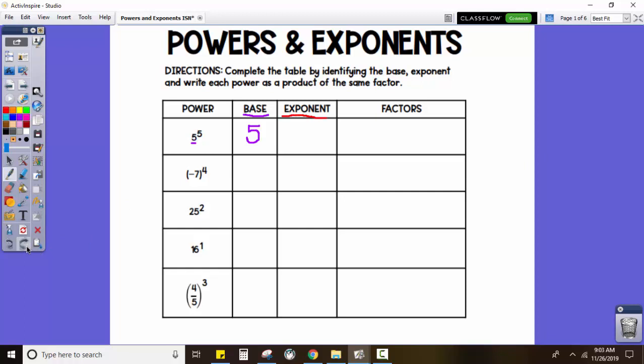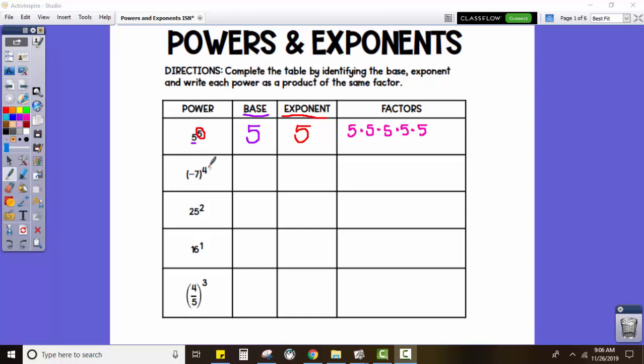And then the exponent is this little number up here, to the 5th. And then factors: this tells me I'm going to take 5, the base, and multiply it 5 times. So 5, there's once, times 5, twice, times 5, 3 times, times 5, 4 times, times 5, 5 times.